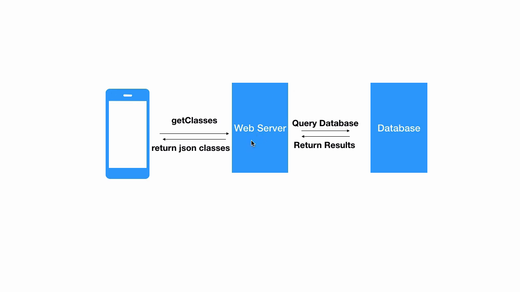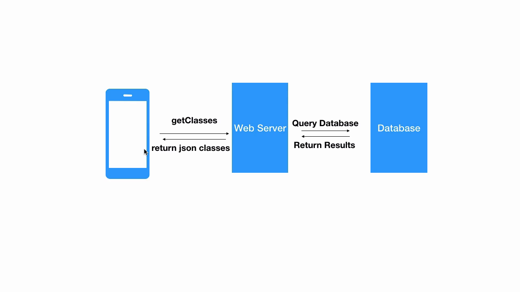And also the web server can translate the database queries to a JSON response and return that as a standard format, which is understood by our app. And so that can then parse it, then display it to the user and do further manipulation on that data as required. So let's get into it.